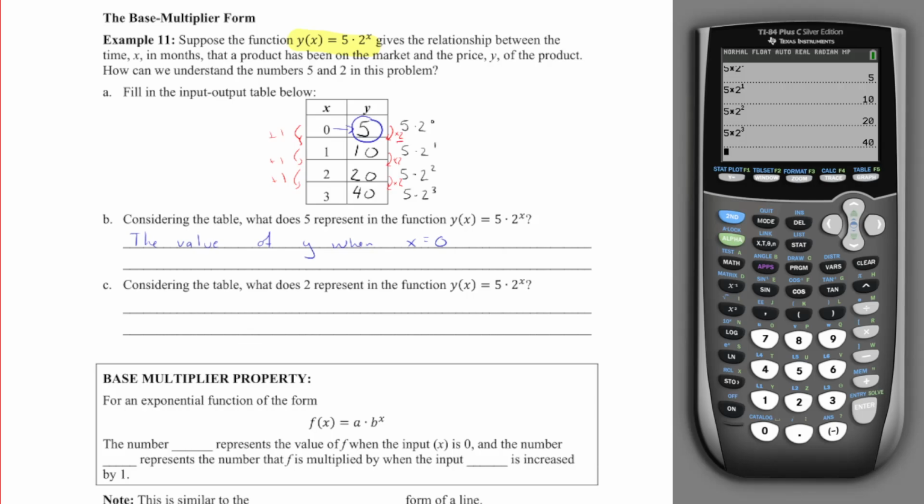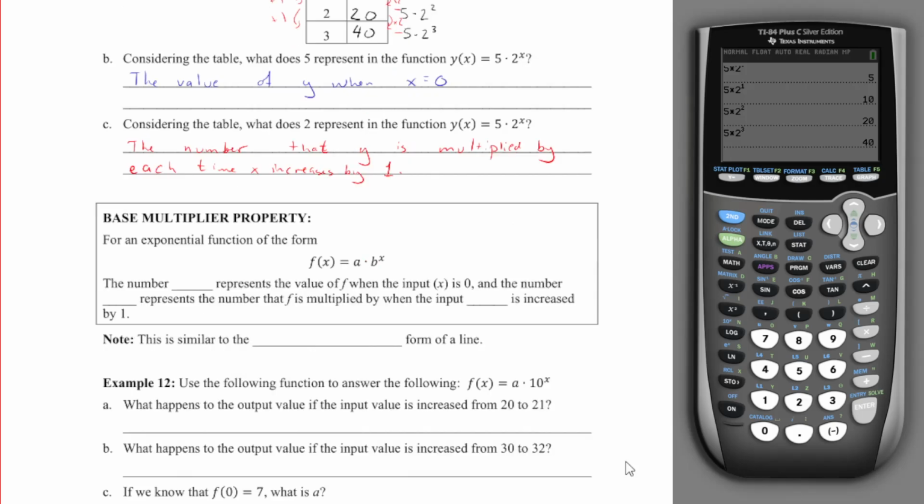And here's the 2. 2 is the number that y is multiplied by each time x increases by 1. And so this gives us what's called the base multiplier form of our exponential function.